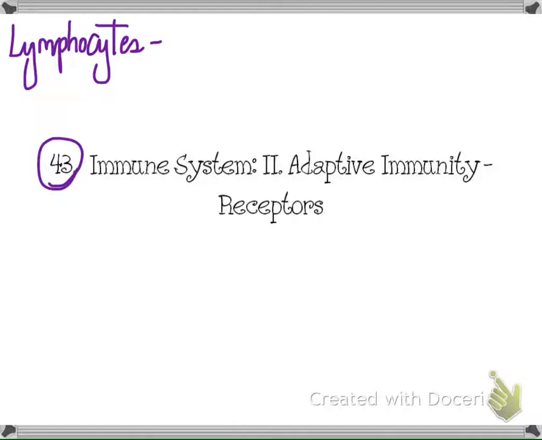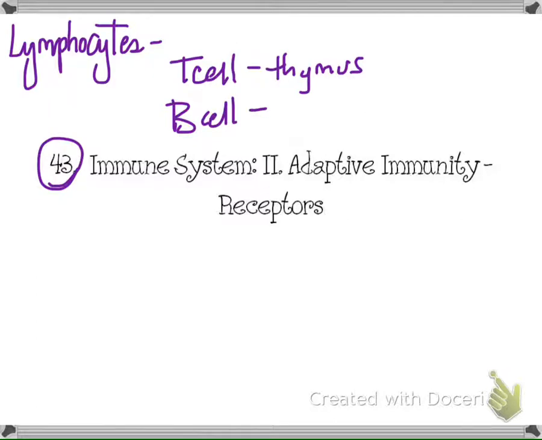If they mature in the thymus, then it's called a T cell. If it matures in the bone marrow, then it's a B cell. All of these originate from stem cells in the bone marrow. There's actually one more kind called a natural killer cell. We're not going to talk much about it today.